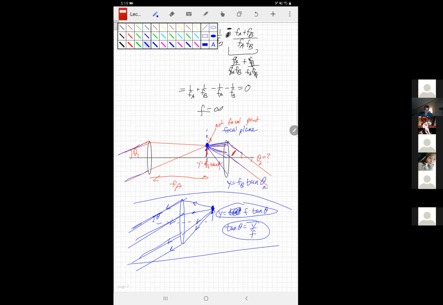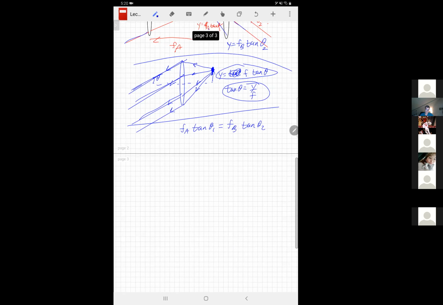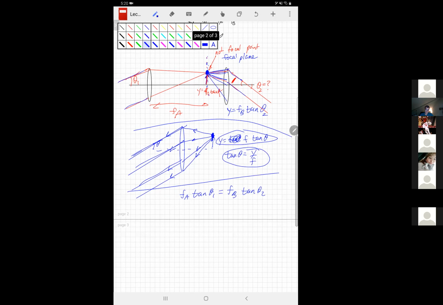Of course, y is also fa tan theta 1. So tan theta 2 over tan theta 1 equals FA over FB.